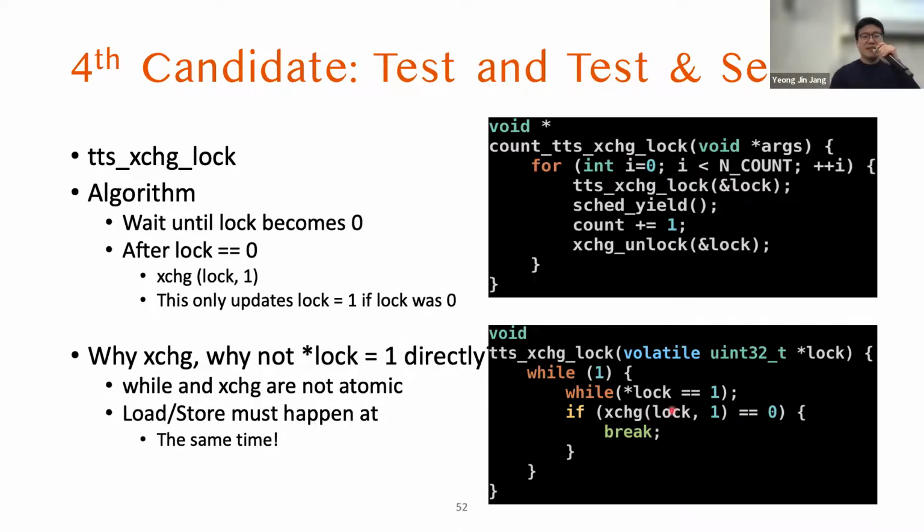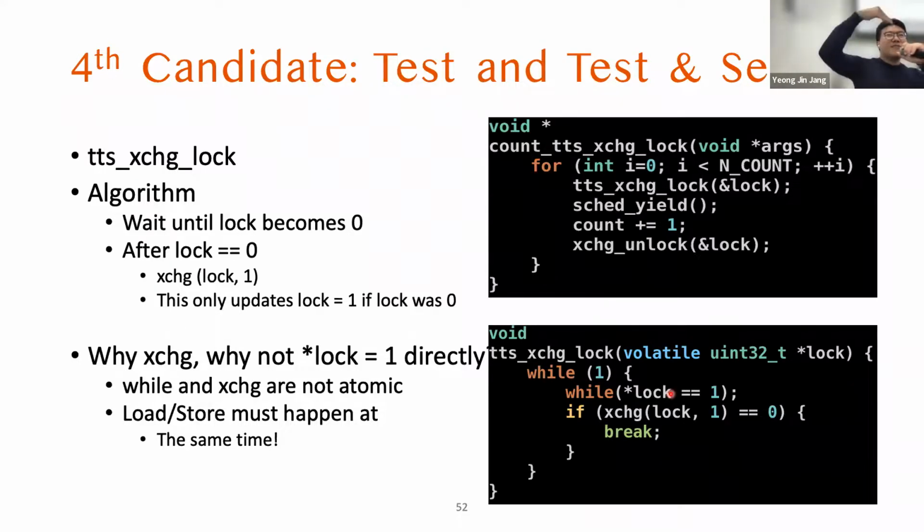But it will run exchange only if the thread observes the lock variable as 0. That is not always sufficient, because after a thread observes the lock variable as 0, some other CPU can observe that at the same time and run exchange first. In that case, your thread needs to wait again.